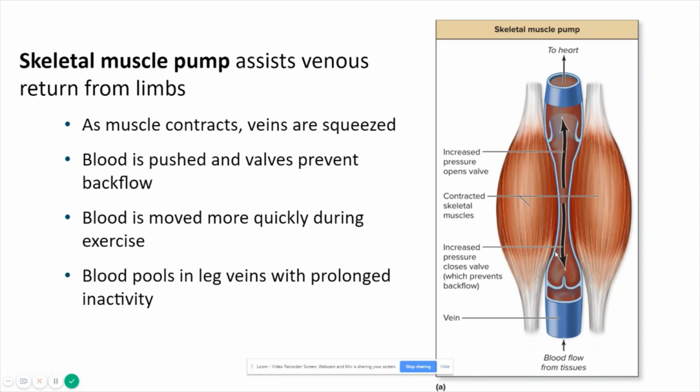Because of the valves, blood can only move in one direction through the veins, from one little section of vein that's maintained by two valves to the next section. So the blood is pushed by the contraction of your skeletal muscles and ensures that it goes in the right direction by the valves that are in the veins.